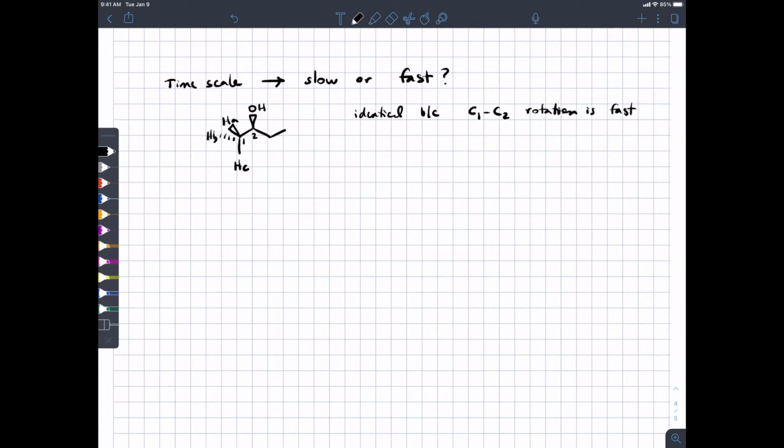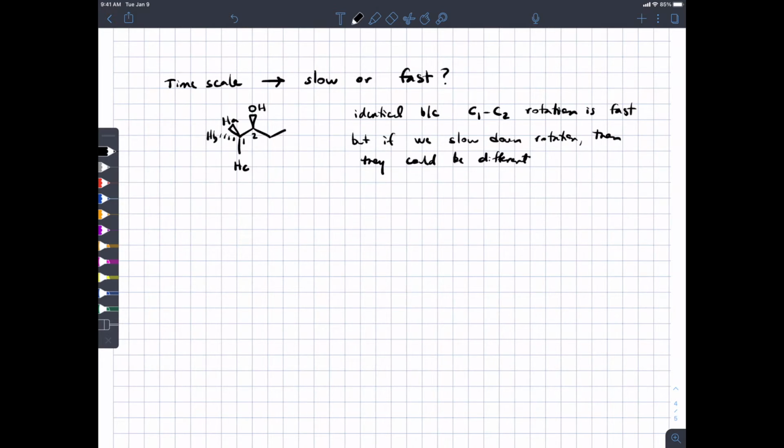But if it weren't, if we could slow it down, then suddenly those protons would be different because we could no longer interchange their positions by rotation around that carbon-carbon bond. If we slow down rotation, then they could be different. So even the conclusion that methyl protons are always identical only applies to molecules where rotation around a carbon-carbon bond is fast, which happens to be most of them.